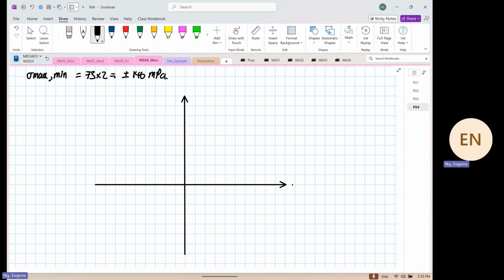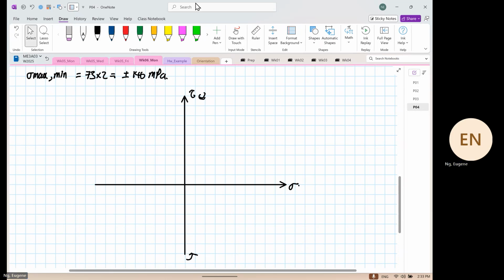So this is normal stress, shearing stress, element rotate clockwise, and element rotate anti-clockwise.